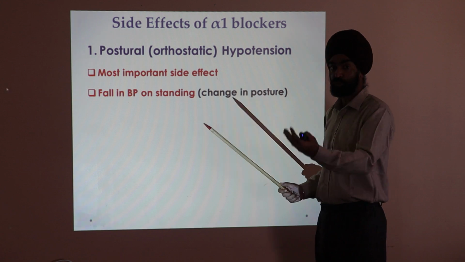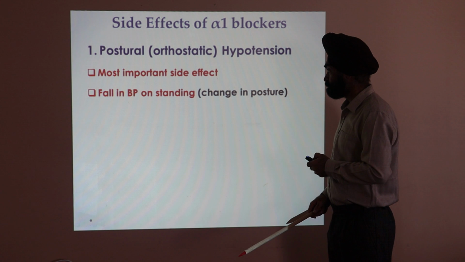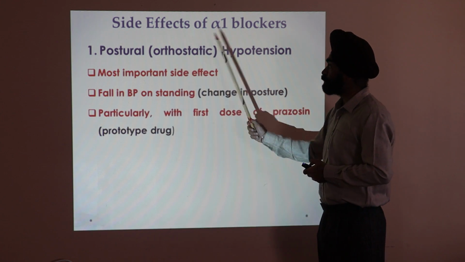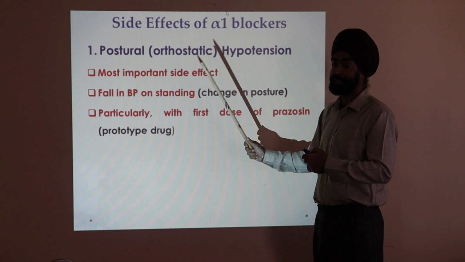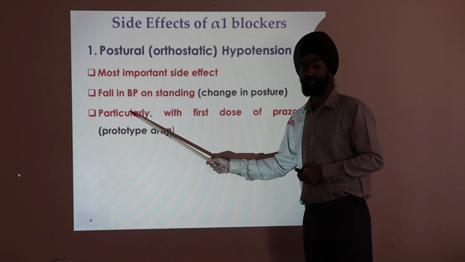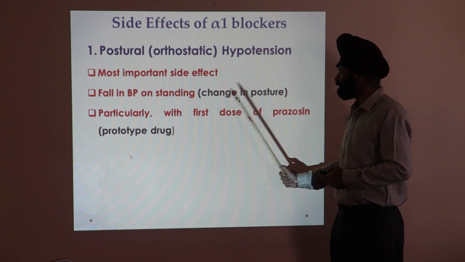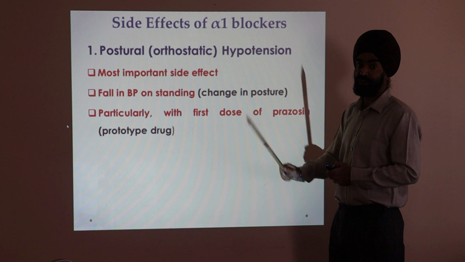That means a change in posture: when the person is lying and stands up, there is a fall in the blood pressure. That is called postural hypotension. That happens if you use an alpha 1 blocker. And it is particularly important when you take the first dose of prazosin, which is a prototype, that is, the first dose of the alpha 1 blocker.